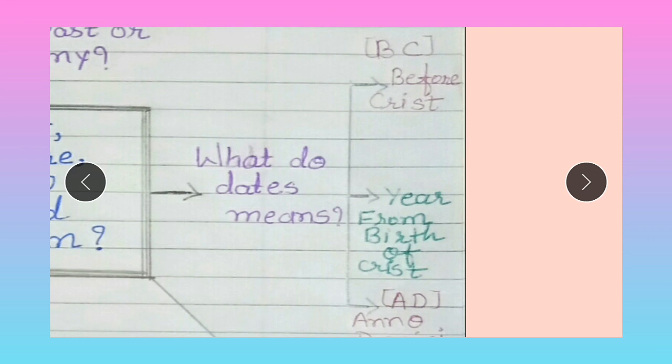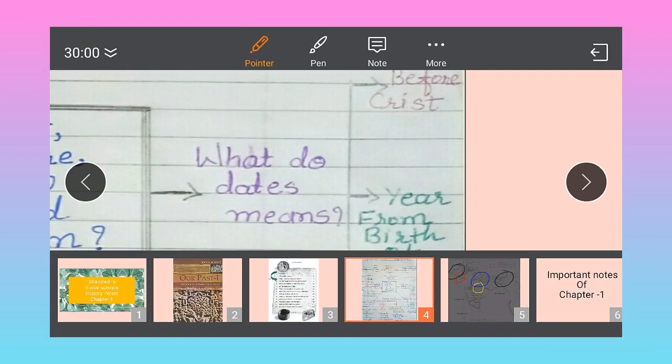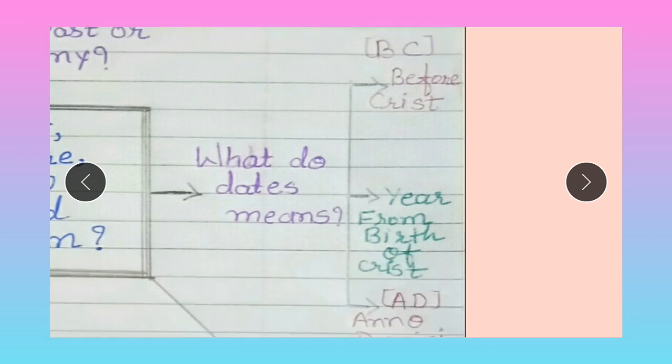For example, right now we are in 2020, which means Jesus Christ was born about 2020 years ago. So we are following AD, Anno Domini. Whatever years are before Jesus Christ are called BC.